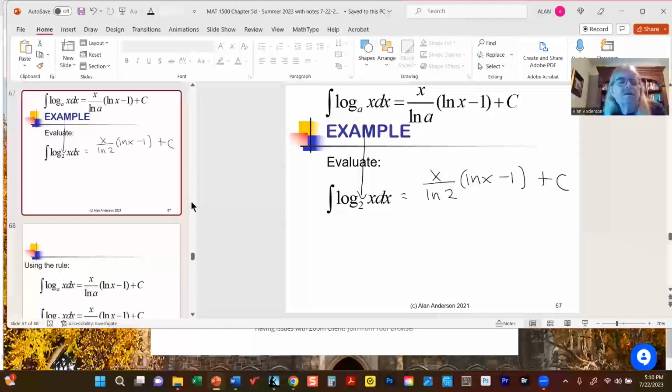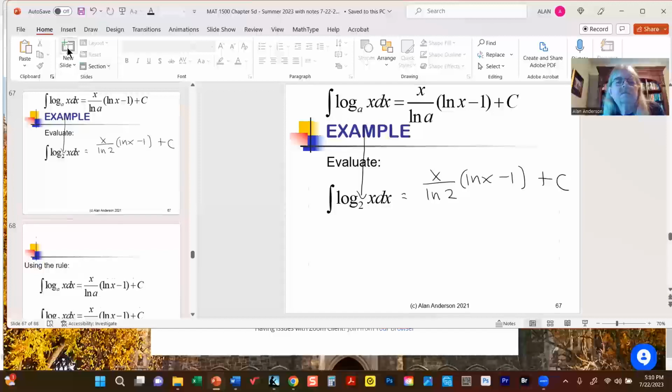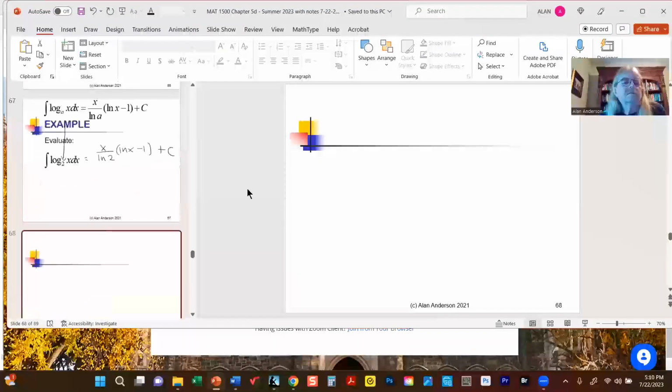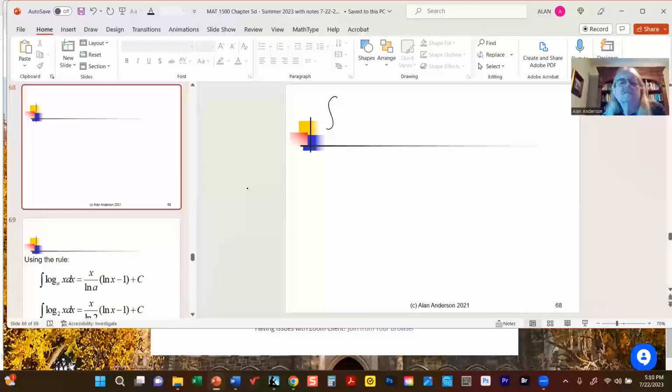So you know what I'd like to do? Let me just quickly show you an alternative way we could have done this. So I mentioned earlier that the log to base 2 of x is equivalent to natural log of x over natural log of 2.